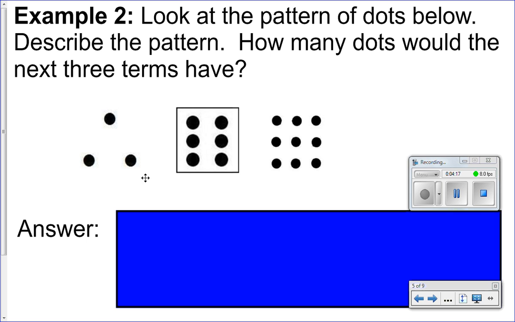In other words, figure out what's going on here. And then I want you to determine how many dots will be in the next 3 terms. So just like you did the last slide, put this on pause, write down your answers, then hit play, check and see if you got it right.